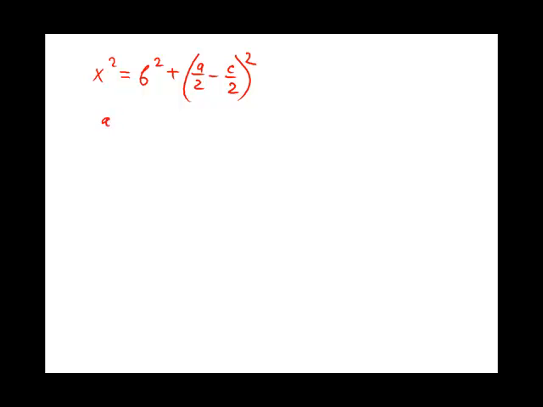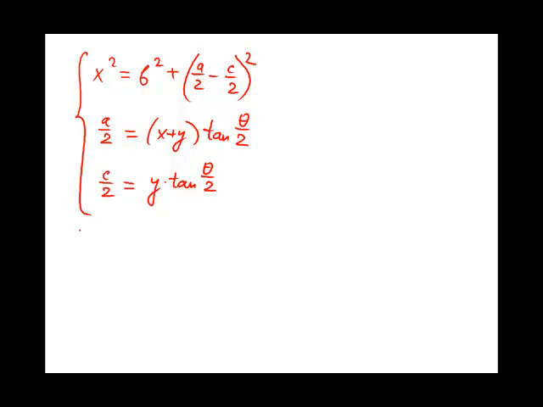A over 2 equals (x plus y) tan theta over 2, right? And lastly, c over 2 is y, true? Tan theta over 2. Okay.